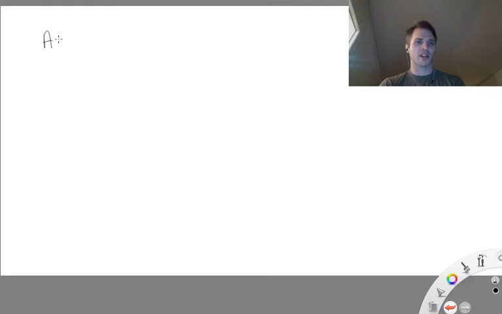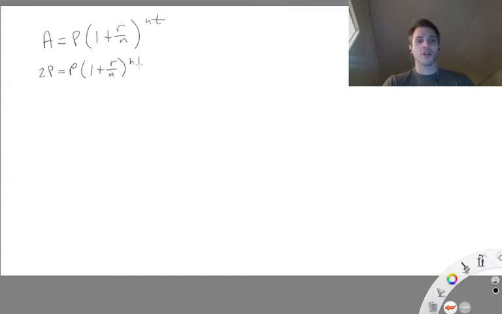So we've got A equals P times (1 plus r over n) to the nt. Now, doubling means that A should be equal to 2P. So we want to double our principal, which means we multiply it by 2. So I'm going to set 2P equal to P times (1 plus r over n) to the nt.